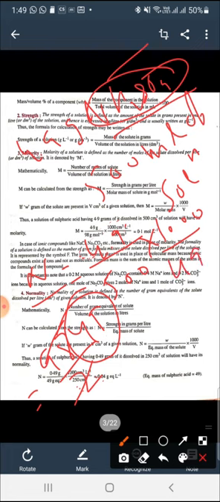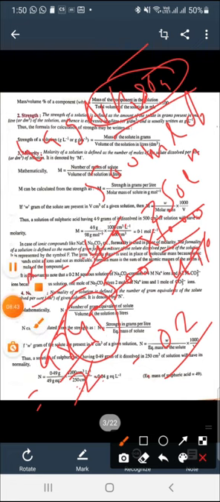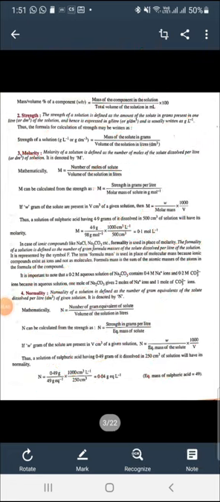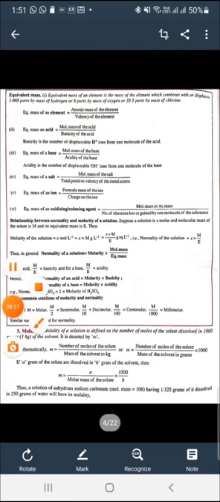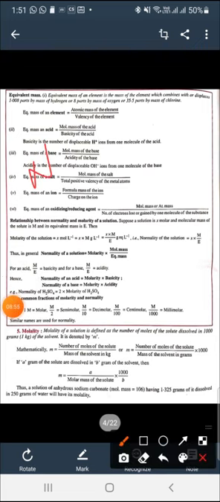We will put 49 here. 500 into 2000, 49 cuts 49, 1 by 10 is there. 0.2 will be the normality. So here normality is 0.2. Now we will come to a conclusion. There is a relation between normality and molarity.